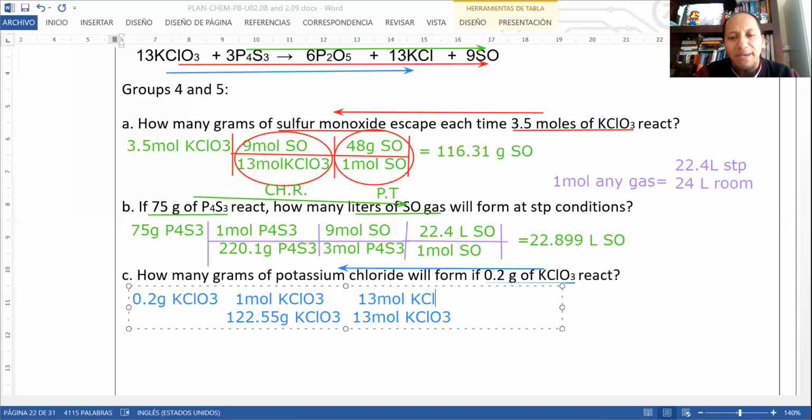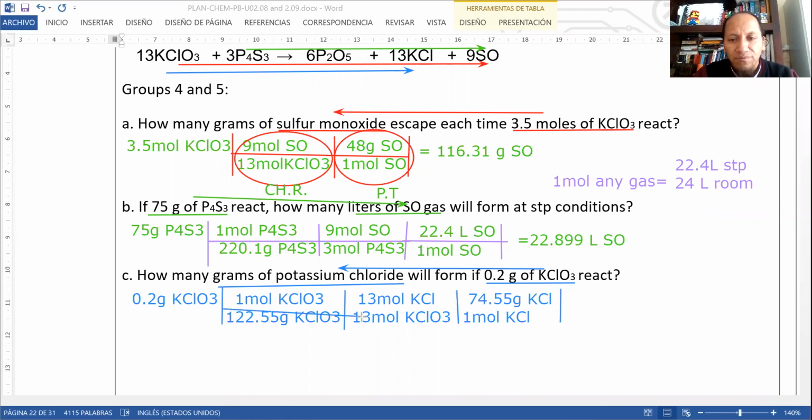So now let's pass the moles of KCl to grams. I know that 1 mole of KCl has the equivalence in grams of 74.55 grams of KCl. Got it? Now I'm just going to write the divisions for this conversion factor so you can understand it in a better way.